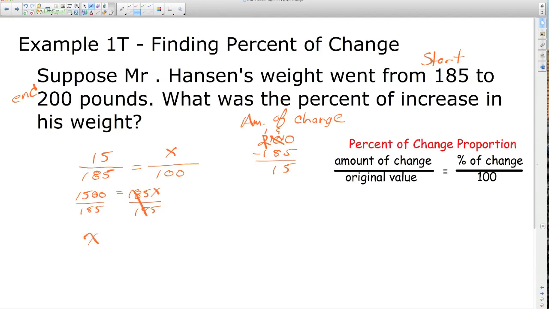We get x to be equal to, and now this is an approximate, I divided that out on a calculator and rounded it to 1 decimal place, and so it becomes 8.1. So Mr. Hanson increased his weight by 8.1%. Key thing in these problems is you have to calculate the amount of change.